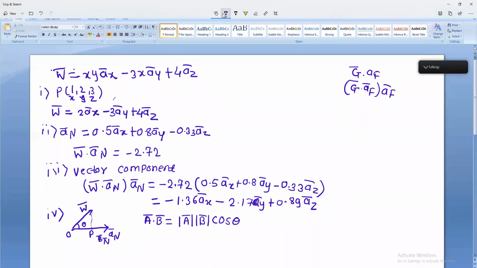Yes, if I consider this vector as W bar and this normal vector as N bar, then how can I write this formula?